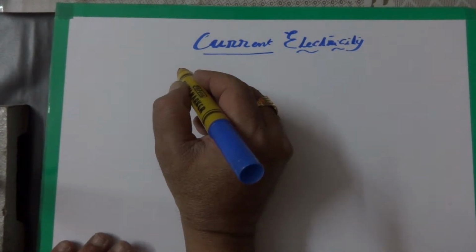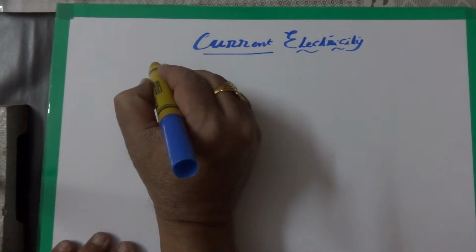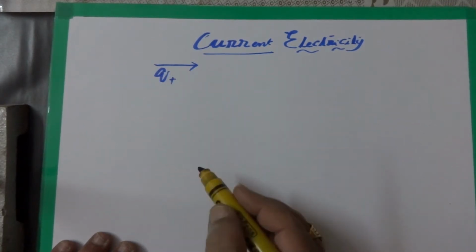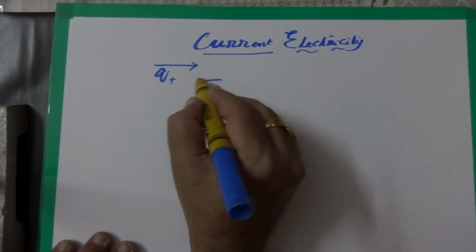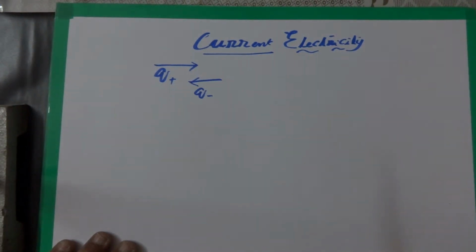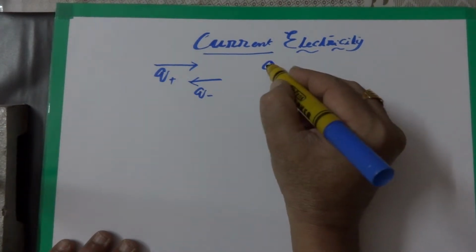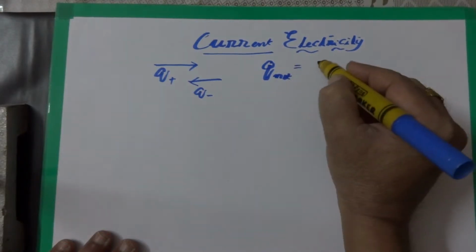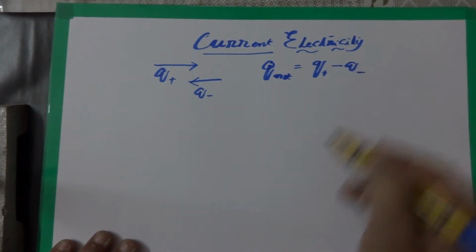Now let us first define the current. Let's consider that some positive charge Q plus is moving in the forward direction through some area of cross section, and Q minus is the charge that is moving in the opposite direction. Now the net charge in the forward direction will be Q plus minus Q minus.